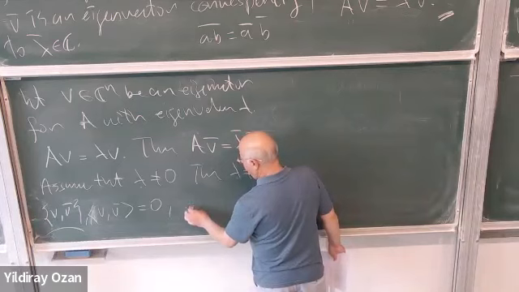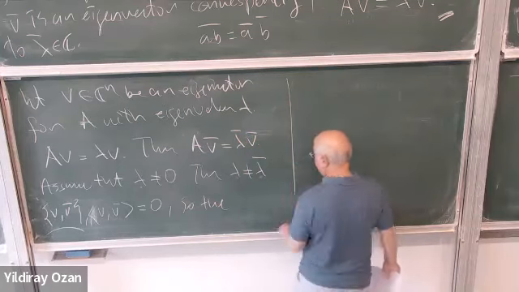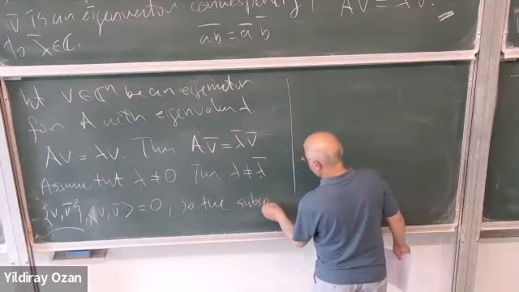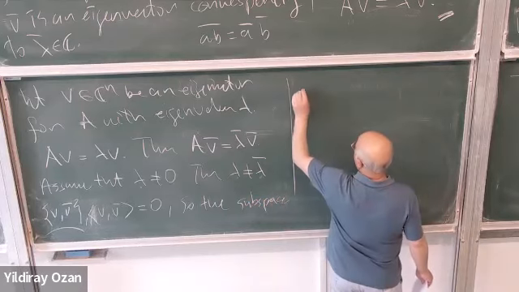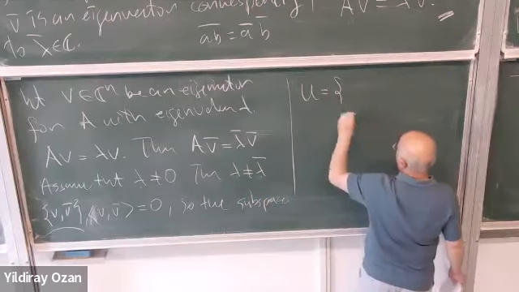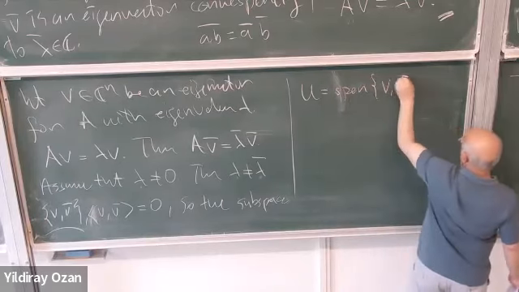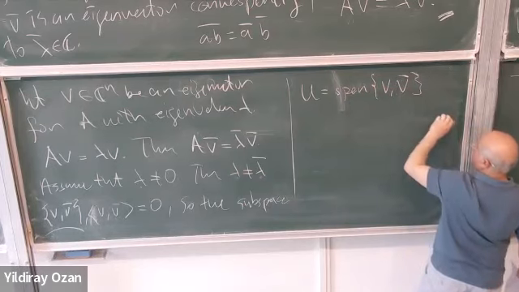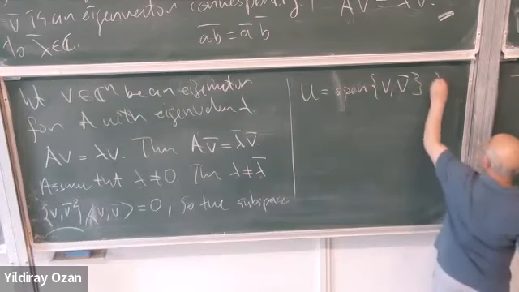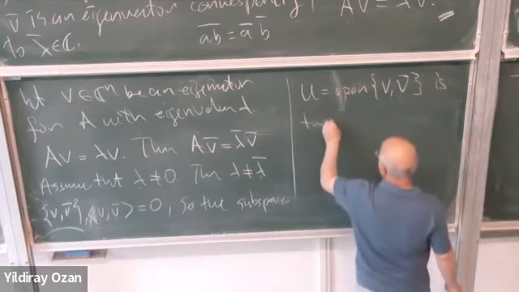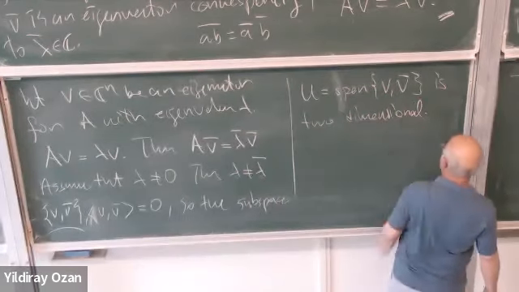So therefore the subspace, let's say U, which is just spanned by B and B bar, is two-dimensional.